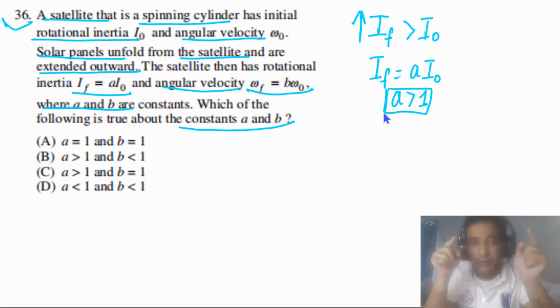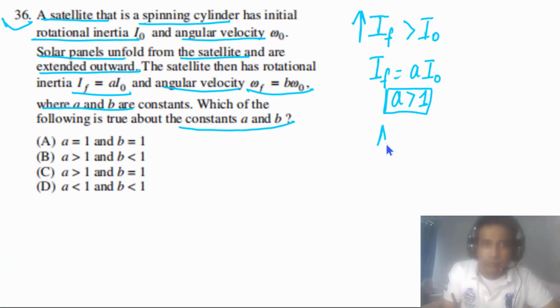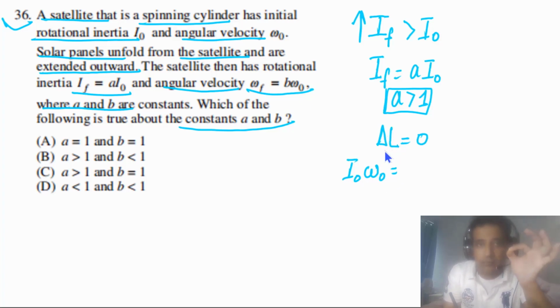And the second thing we need to understand is that in this case there is no net external force acting on the satellite, so angular momentum remains constant. So delta L is equal to 0. It simply means there is no change in angular momentum.